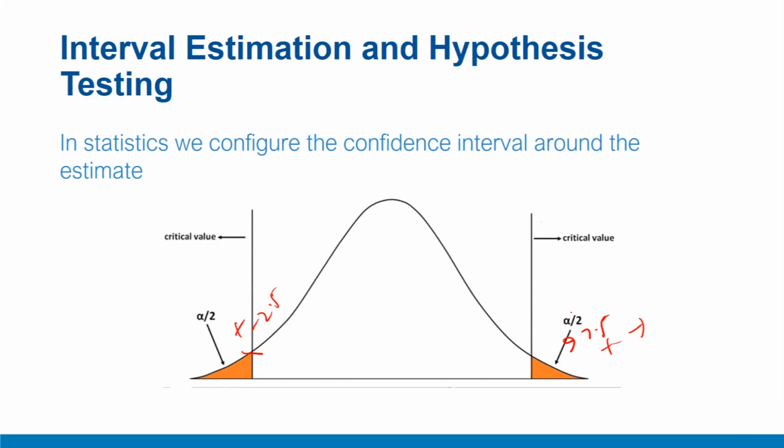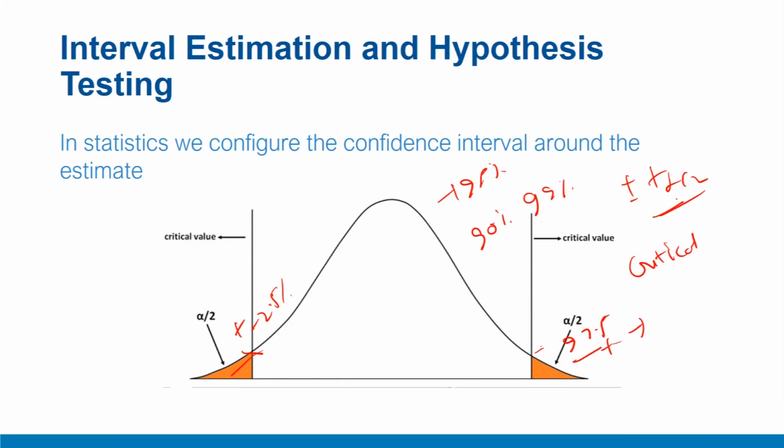These are called critical t values, which is plus minus t alpha by 2. One for 2.5% on this side, and one for 97.5%. This is in the case of a 95% confidence interval. You can find the relevant values similarly for the 90% or 99% level of confidence.